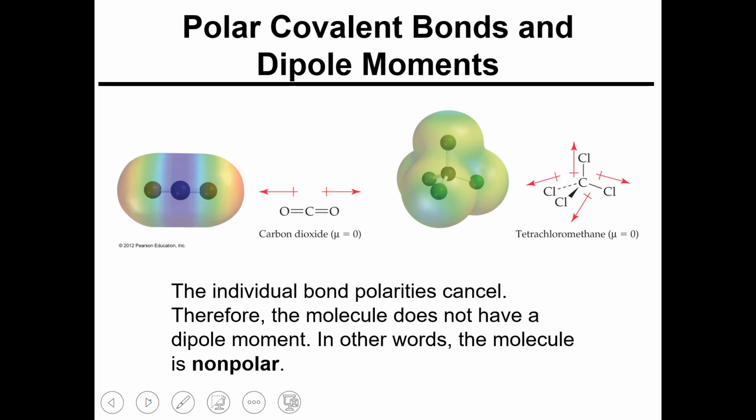If we have a molecule like carbon dioxide, oxygen is more electronegative than carbon, which makes each one of these bonds polar. But if we think about the molecular geometry, carbon dioxide is linear because these oxygens want to be as far apart as possible.